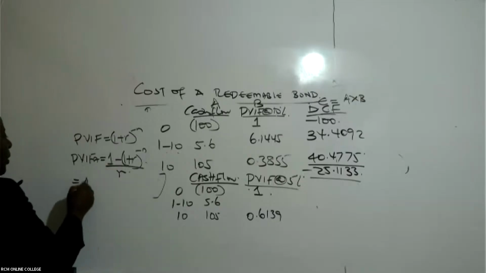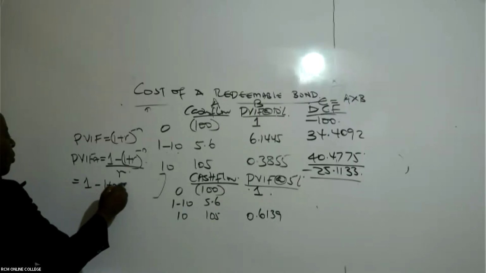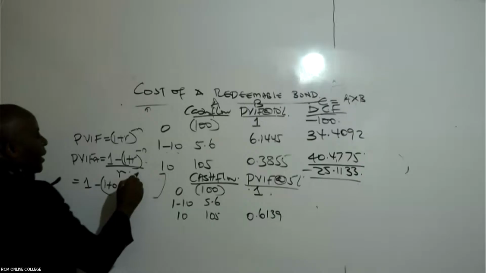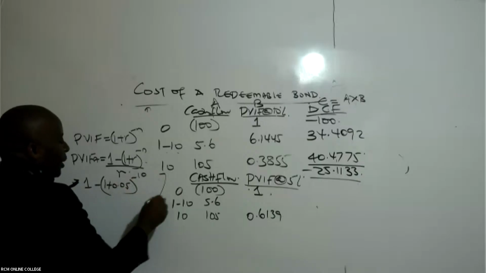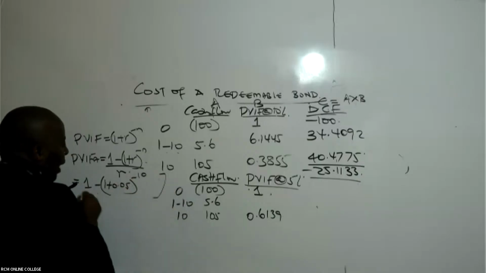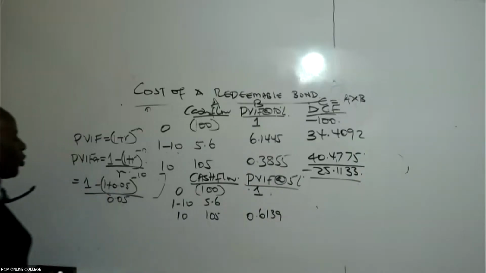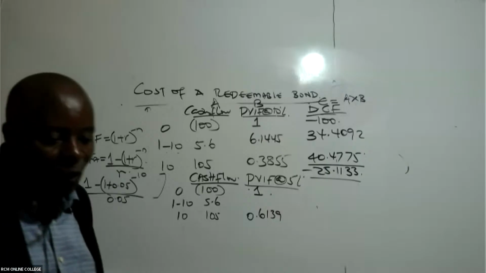So this one here will be 1 minus (1 plus 0.05) raised to negative n, where our n in this case is 10, because it's the number of years, all divided by 0.05. Please, all of us, including myself, I'm now taking my calculator.